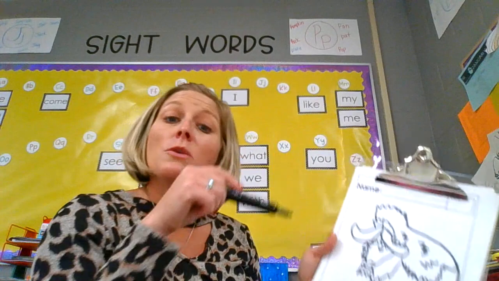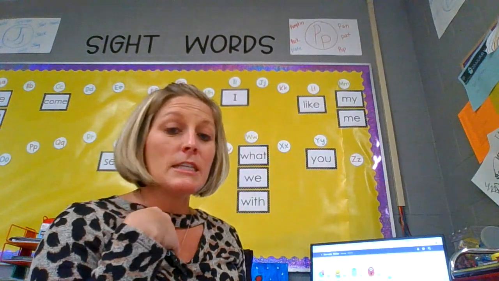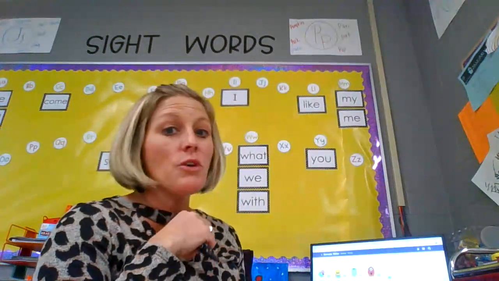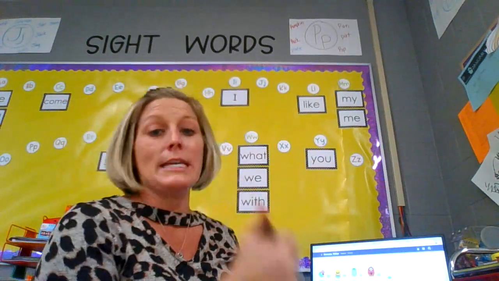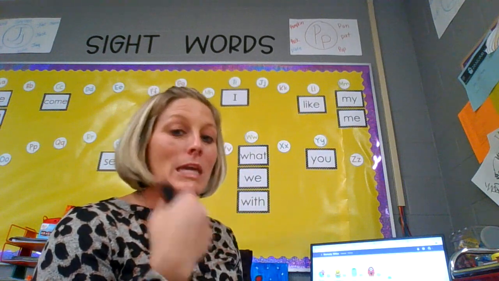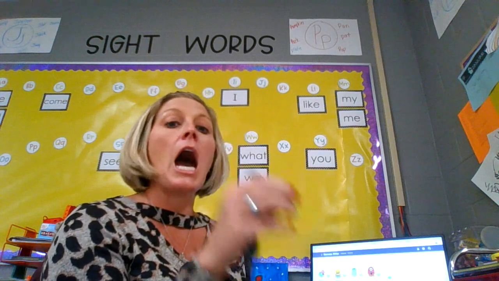Very good. So boys and girls, just because you're writing a sentence with Mrs. Miller does not mean you don't have to know what the sentence says. It's very important that what you write, you know what it says. So that's why we're practicing reading the sentence after we write it. The musk ox is big.